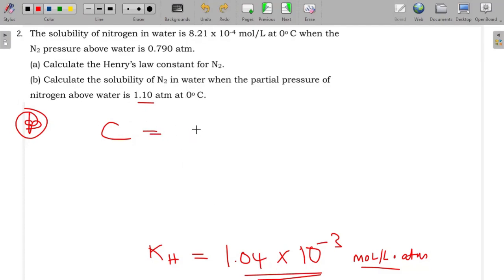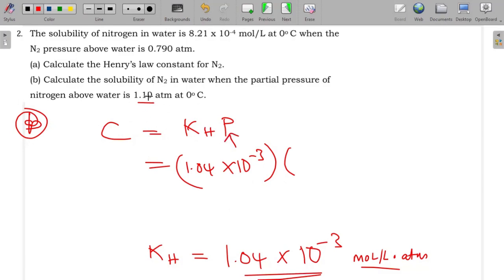Maybe I should write the formula first: Kh multiplied by P. The constant is what we found, 1.04 multiplied by 10 to the power minus 3, multiplied by the new partial pressure, 1.10. We just punch this onto the calculator.